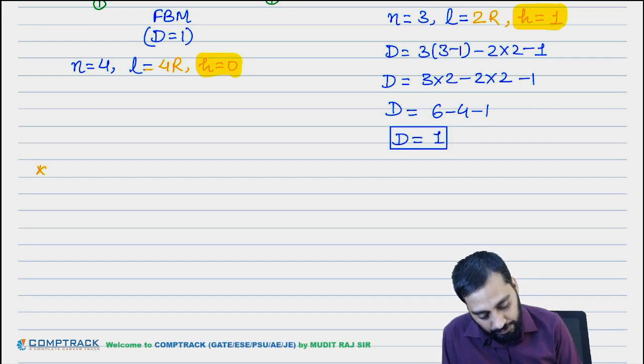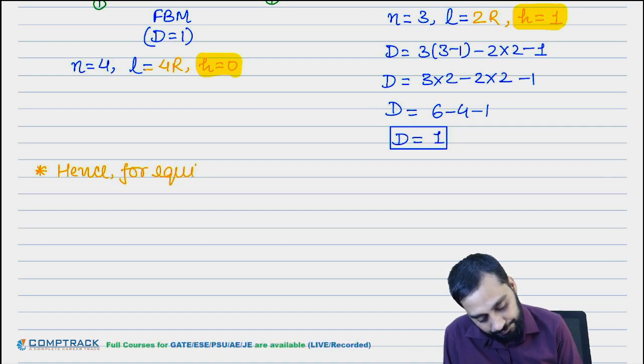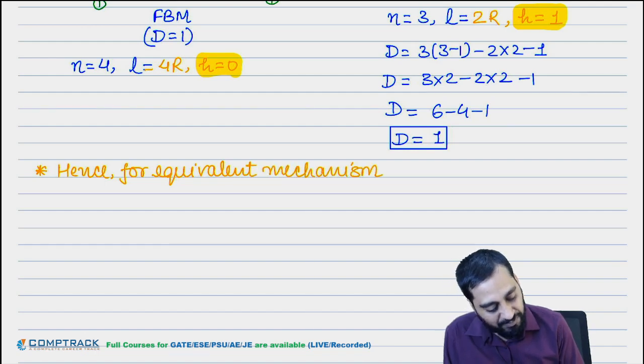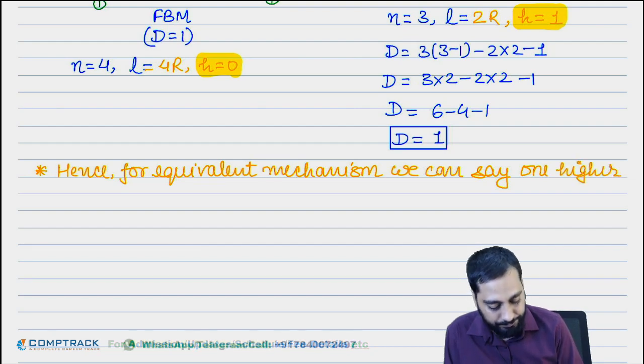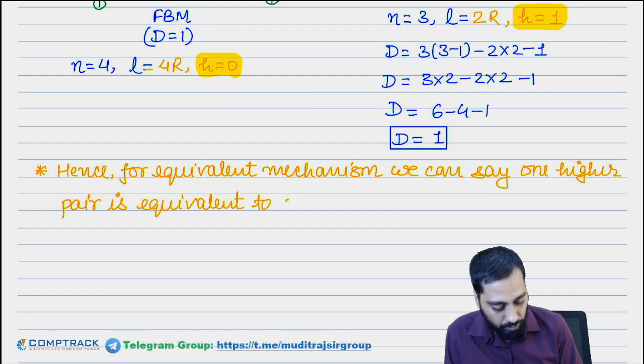Hence, for equivalent mechanism, we can say one higher pair is equivalent to 2 lower pairs.